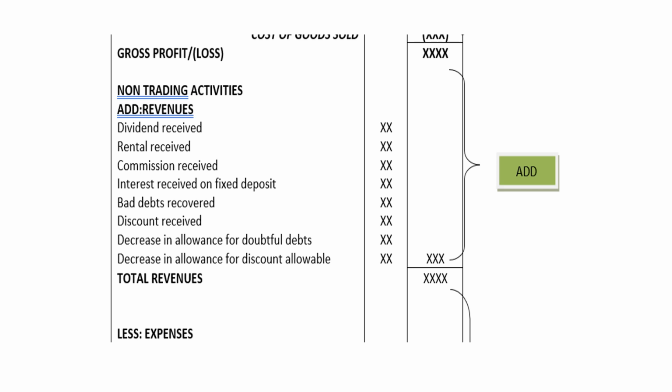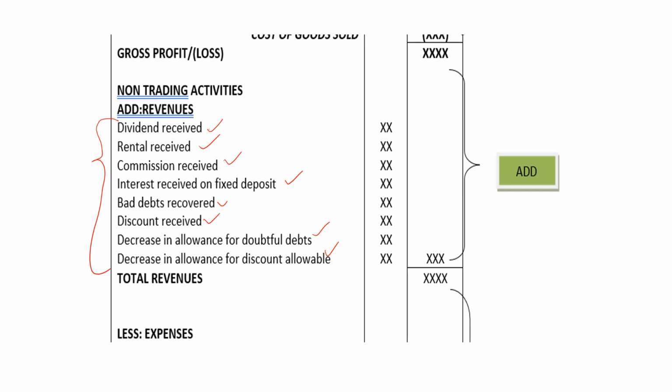So these are examples of revenue that we can record: dividend received, rental received, commission received, interest received on fixed deposit, bad debts recovered, discount received, decrease in allowance for doubtful debt, and also allowance for discount allowable.